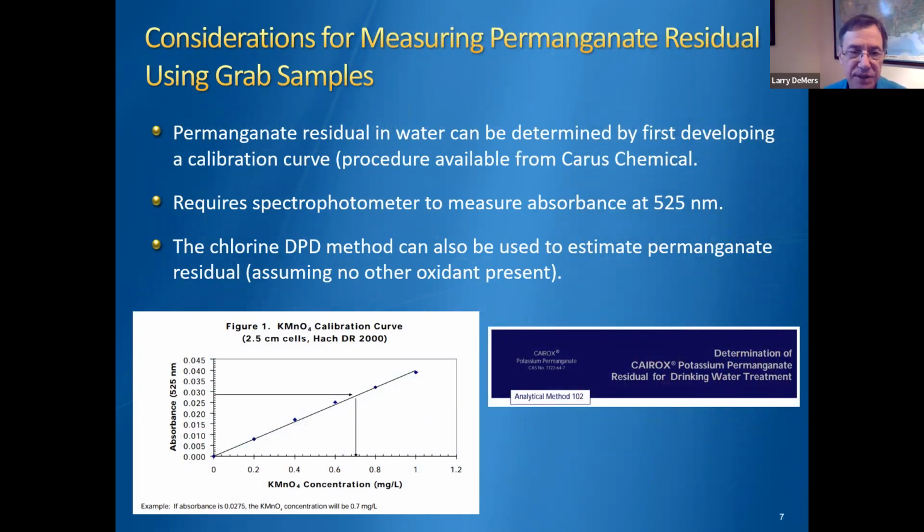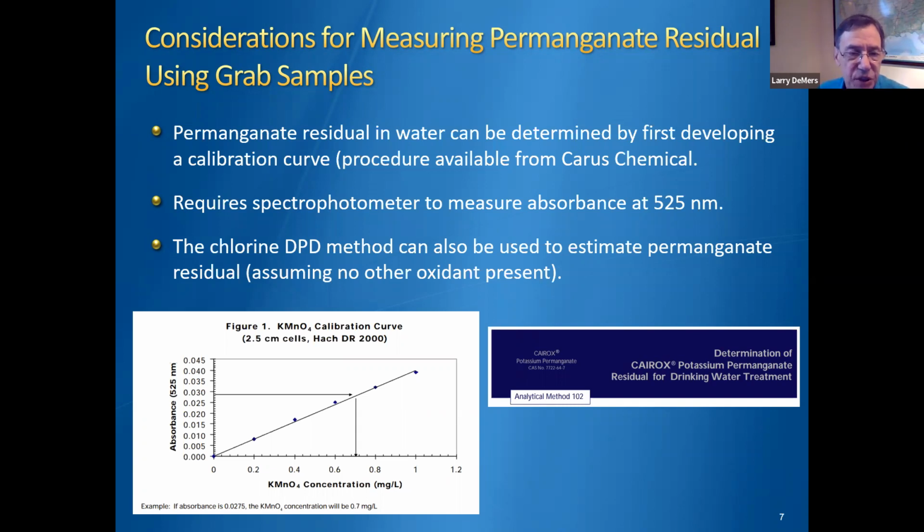Permanganate residual in water can be determined first by developing a calibration curve, and there's a procedure for that. Maybe the most common vendor for permanganate products is a company called Carus Chemical. They have a procedure on how to do that. These images are clips from their procedure.